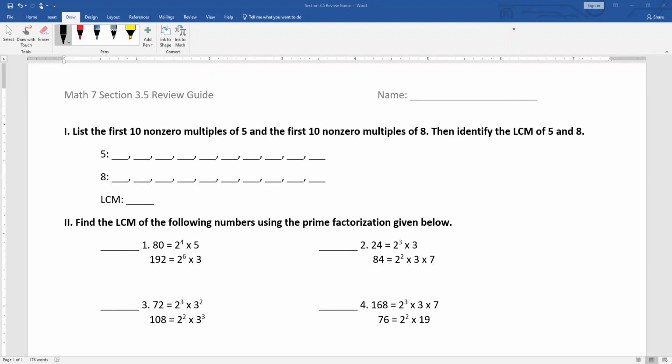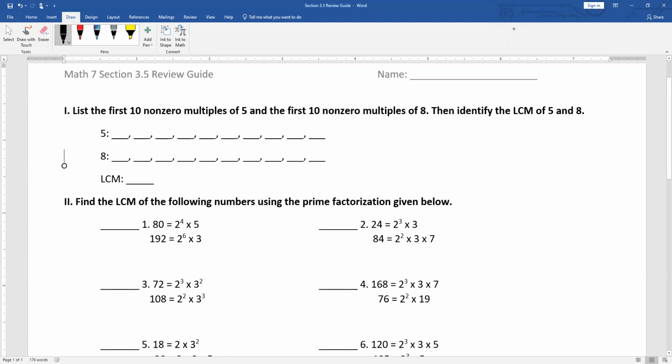So our first example here asks us to list the first 10 non-zero multiples of 5 and then the first 10 non-zero multiples of 8. This means we don't include 5 times 0, because anything times 0 is 0. So this is 5 times 1, 5 times 2, 5 times 3, all the way up to 5 times 10.